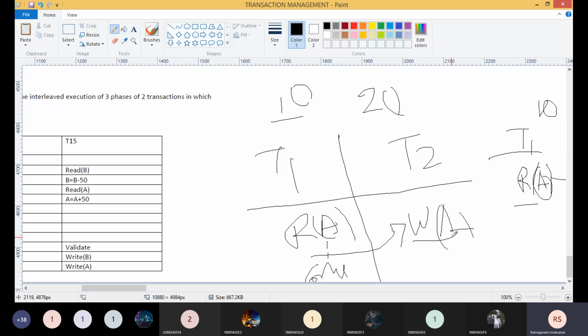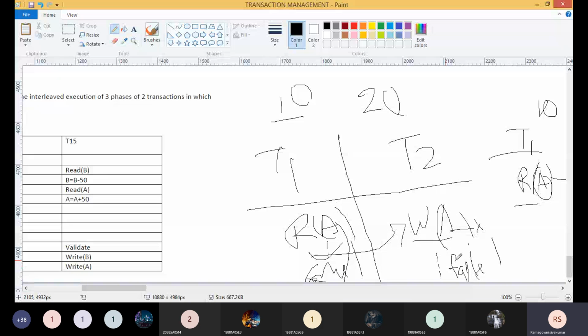Is it correct? No, it is wrong. After committing this read or write operation in the T1 transaction, the end of the T2 transaction is going to fail. First the T1 transaction completes, only then can we go for the T2 transaction commit.